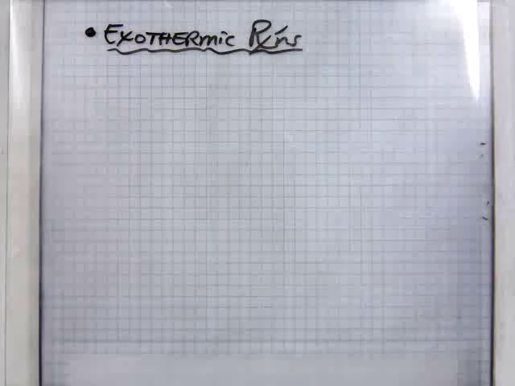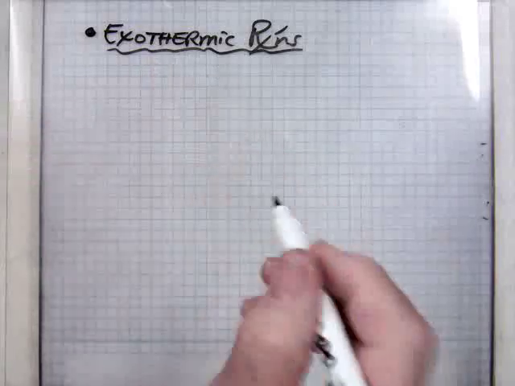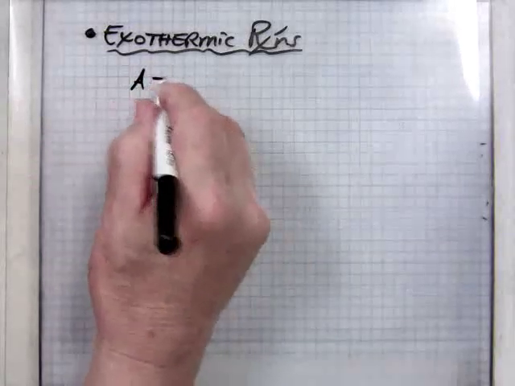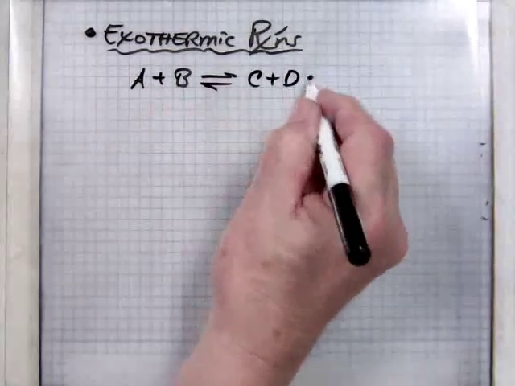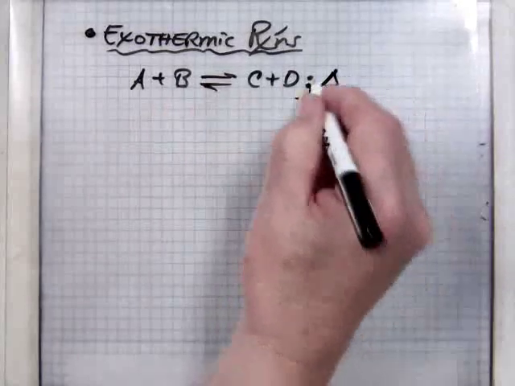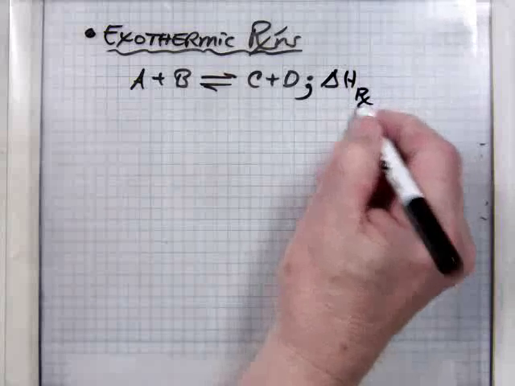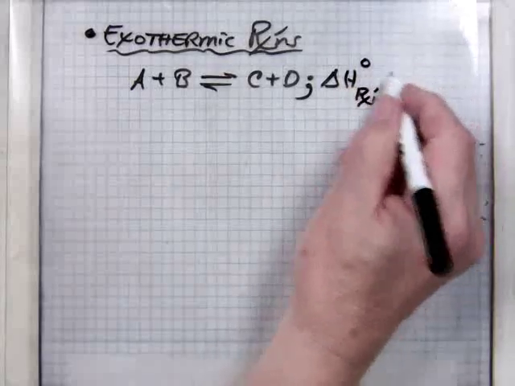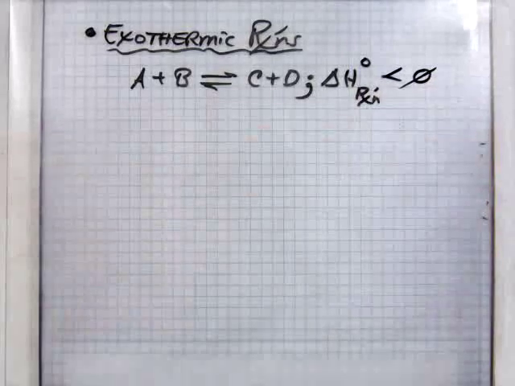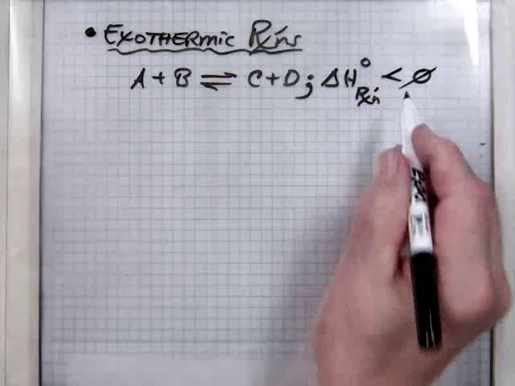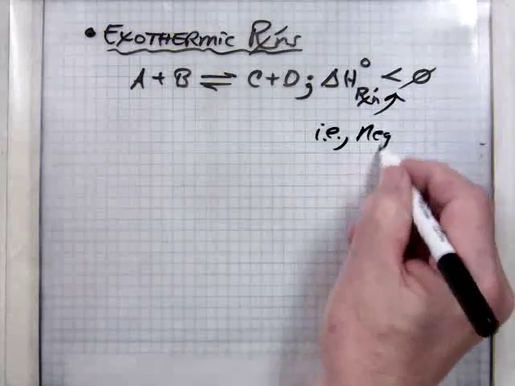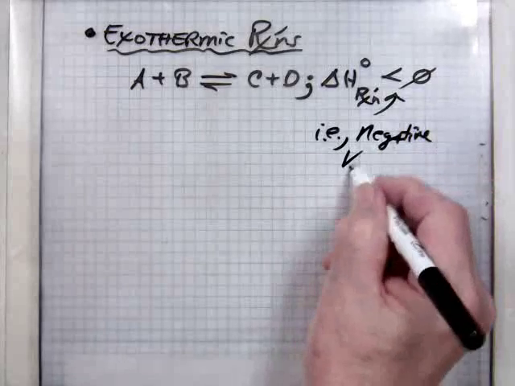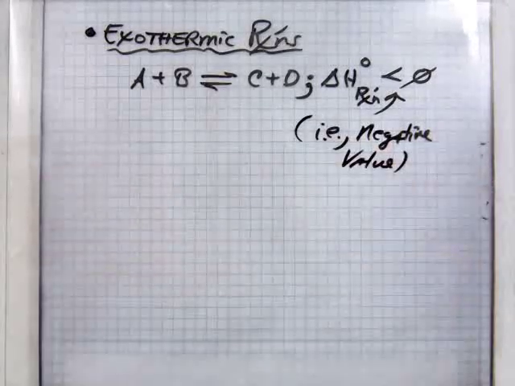Exothermic indicates a loss of energy by the reacting system to the surroundings, but it would be listed as A plus B goes to C plus D, semicolon, and you detach the reaction energy, and you find that the value, if it's an exothermic reaction, is less than 0, and this represents a negative value in writing it down.